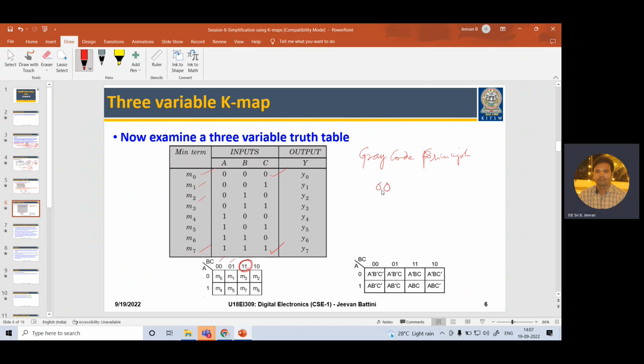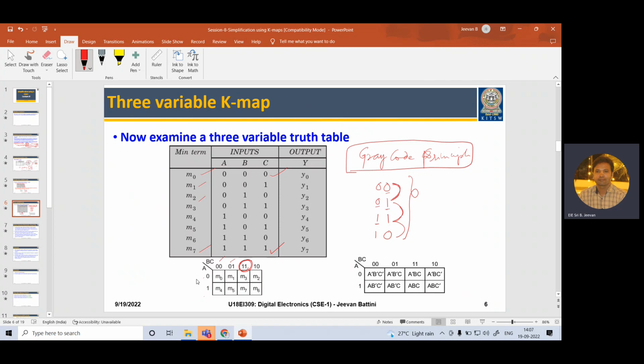If you observe any two consecutive numbers in a Gray code, for a 2-bit code, there is only a 1-bit variation and the remaining bit is the same. This is what a Gray code is. So the K-map uses the Gray code principle: two consecutive binary numbers should differ by only 1 bit.